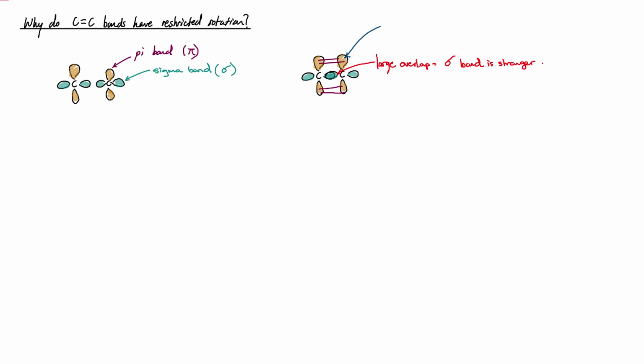And the p orbitals that are laterally overlapping, so side to side, have little overlap, and I'll just put lateral overlap here, so the pi bond is weaker.